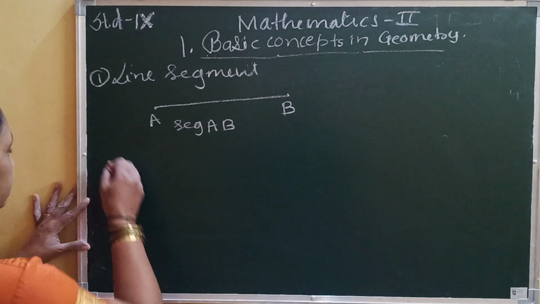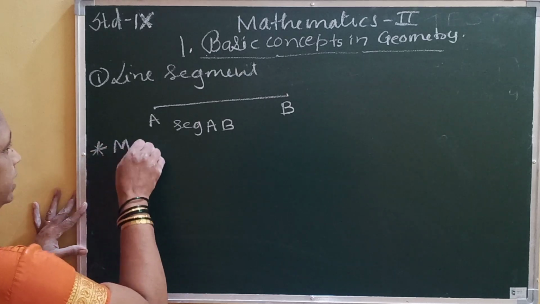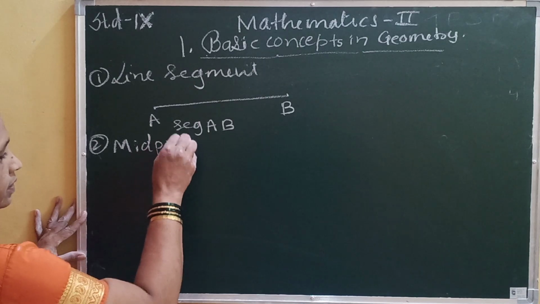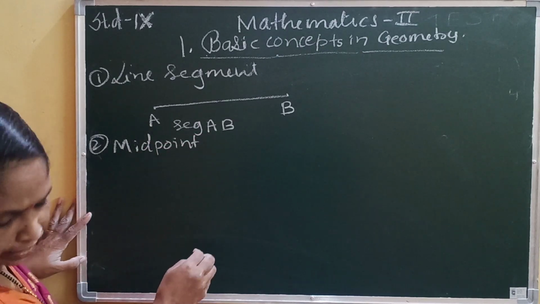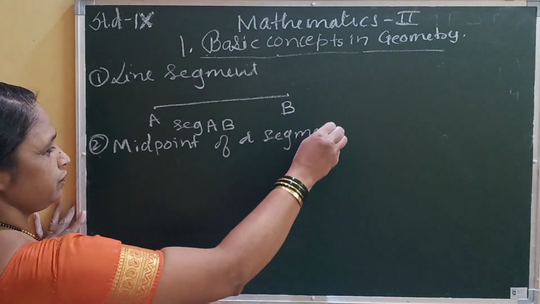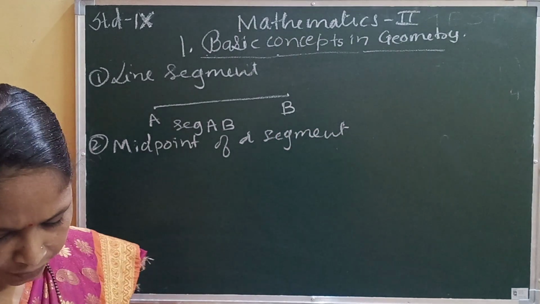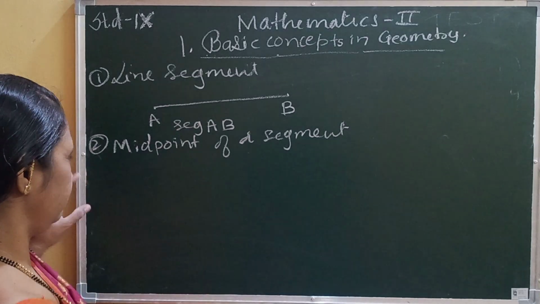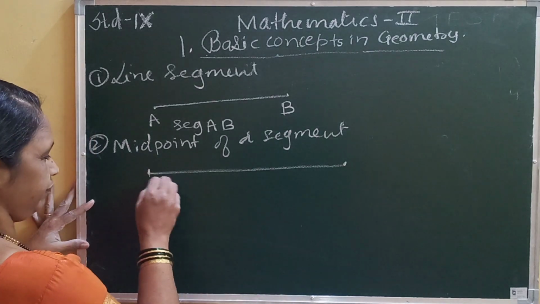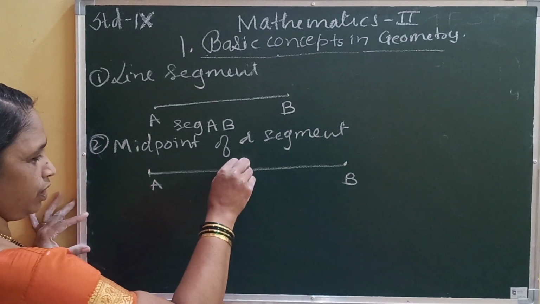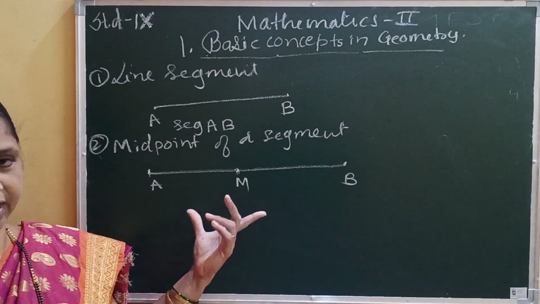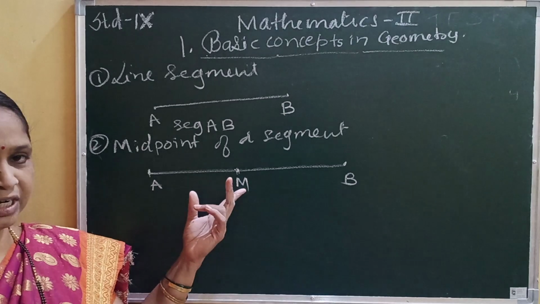Next point is the midpoint of a segment. Midpoint of a segment means what? Now see, this is segment AB we have drawn here. Now M is a point on segment AB. When will we say it is a midpoint?